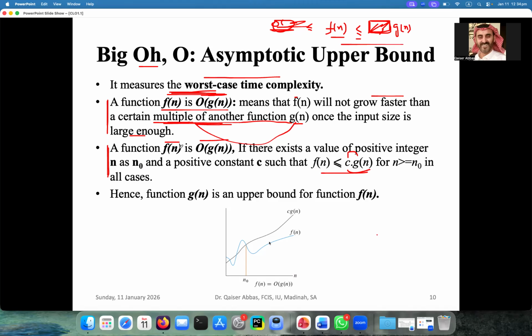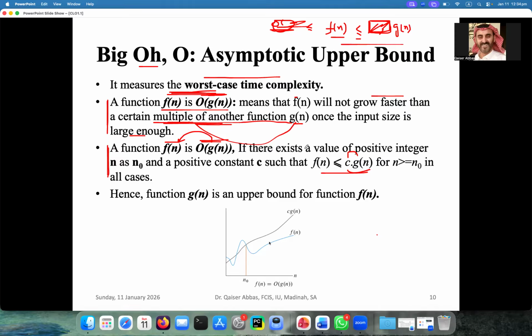Again, the same thing: f of n is order of g of n. How can we say that f of n would be order of g of n, which means this will become the time complexity of this function? This is another reading.